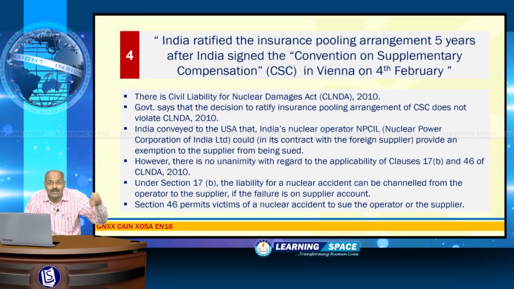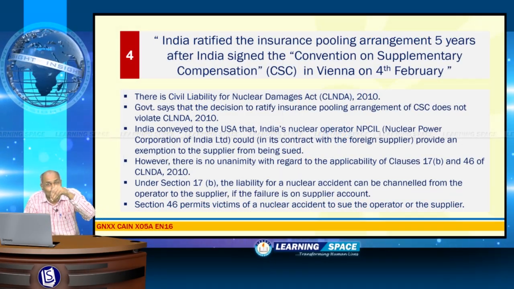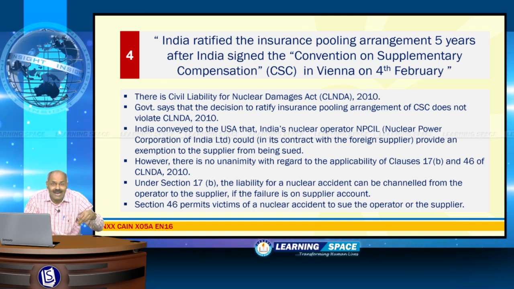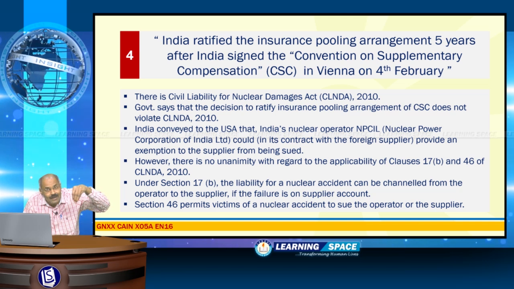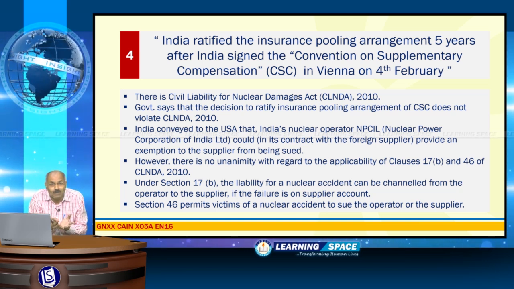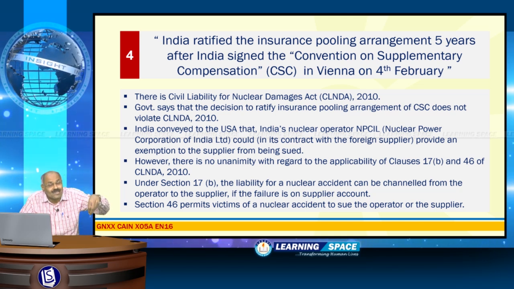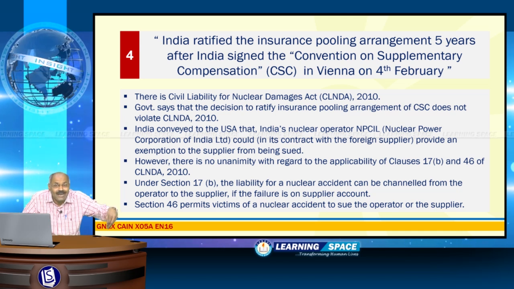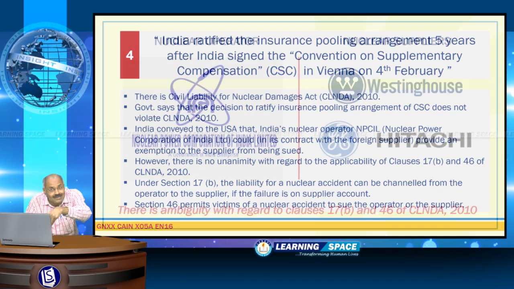Civil Liability Nuclear Damages Act of 2010. And as per this act, under section 17B, if any major nuclear accident takes place, the compensation or liability can be channeled from the operator to the supplier.